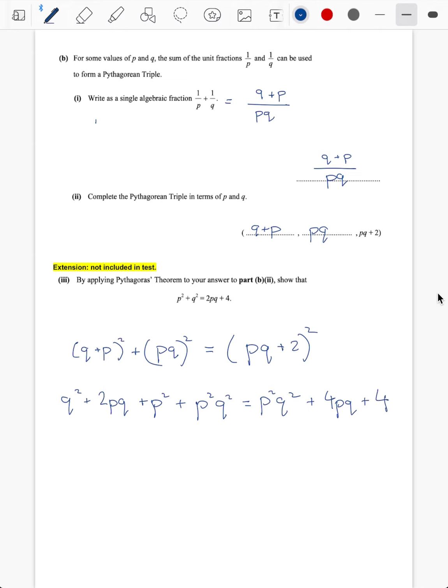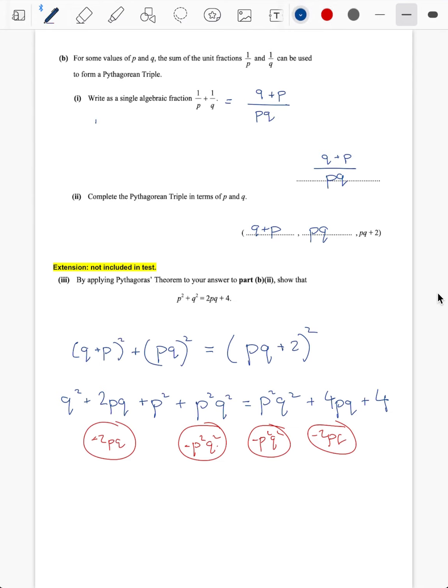Now let's just have a look what I can do to both sides. Let's subtract 2pq from this side and subtract 2pq from this side. Let's subtract p squared q squared from here and also from here, minus p squared q squared. So I'm going to do two things in one go and see what I'm left with.